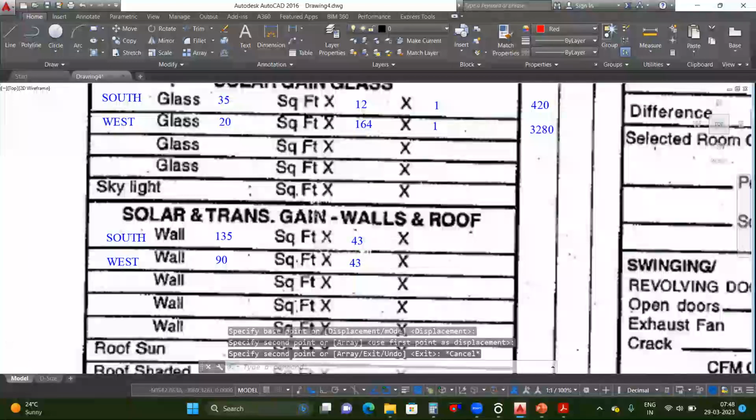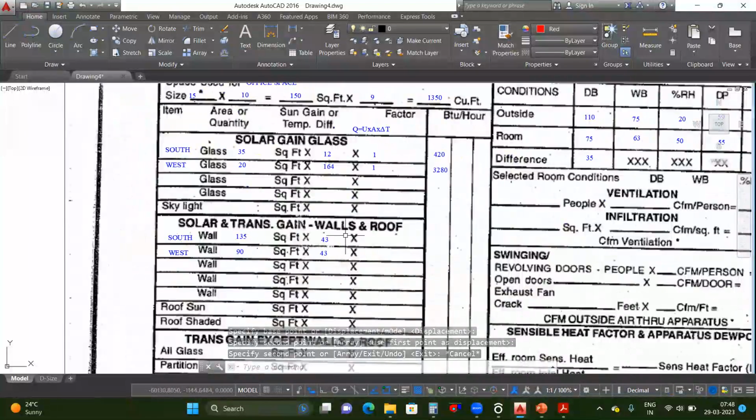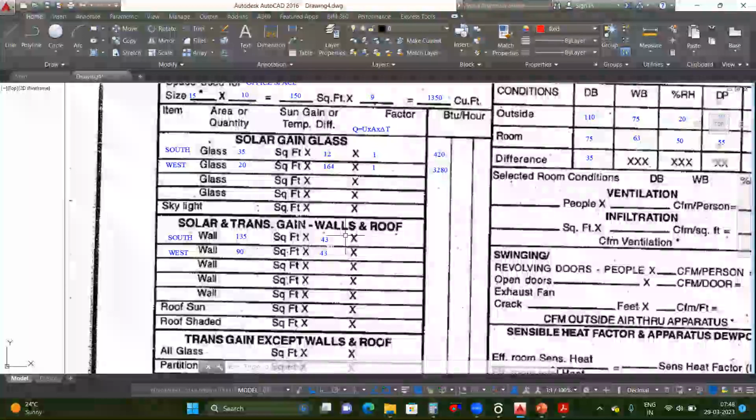For the U values, we need to find them out, or else we can take them from the Carrier data handbook. In the Carrier handbook it was mentioned clearly. We can take it from there, or in some situations we can calculate it. If we don't find the U value for the proper material, we need to find out that U value. U value is nothing but the heat transfer coefficient.